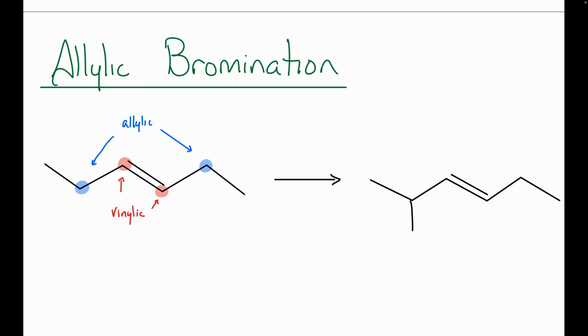All we're going to do is add a bromine to that allylic position, to that allylic carbon. So this is an allylic bromination reaction. We're going to brominate the allylic carbon.